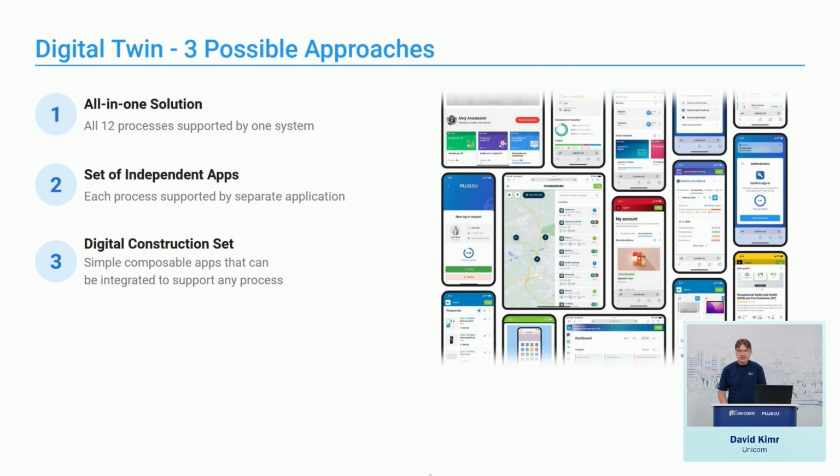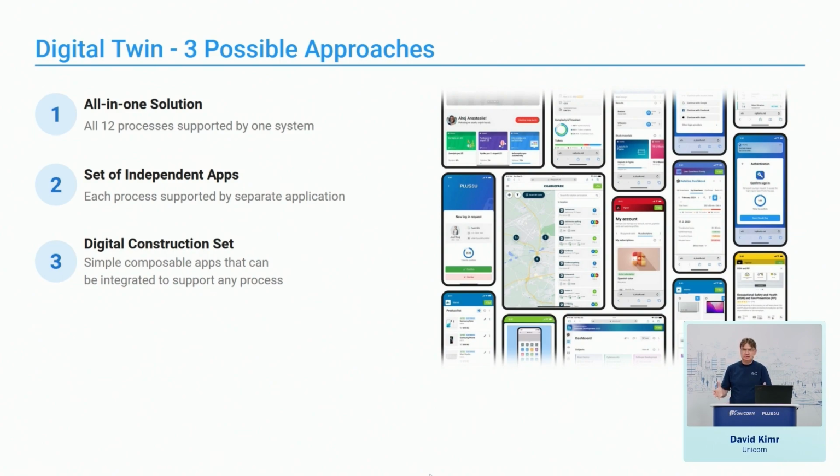How to create digital twins? There are three possible approaches you can meet with. The first one presumes that there will be some large IT system that will bring support to all departments, because in every method of enterprising, in every process, you will find disciplines that together create the complex.